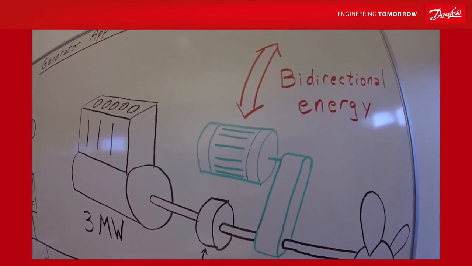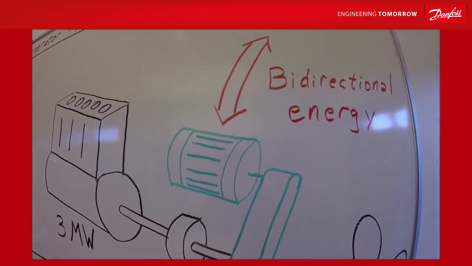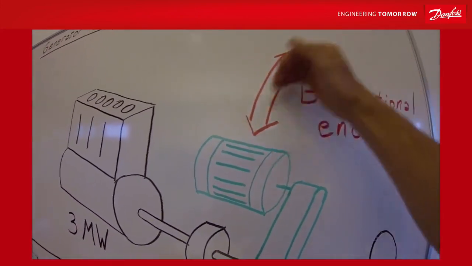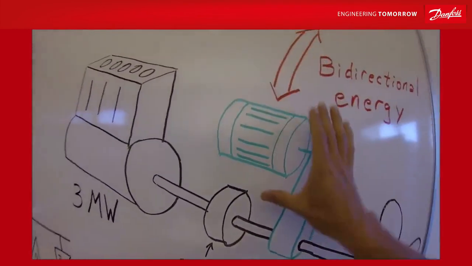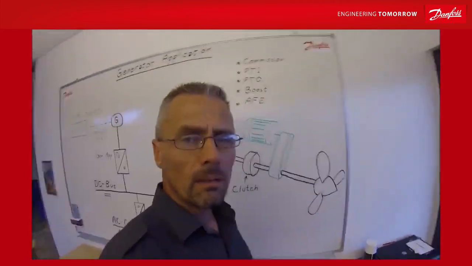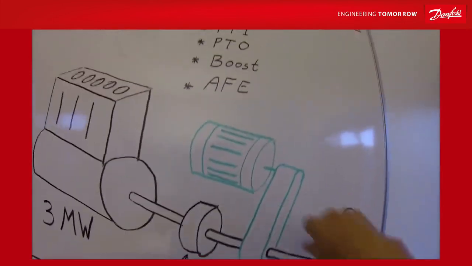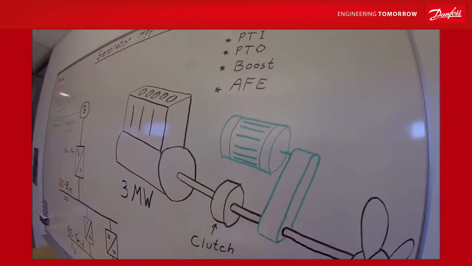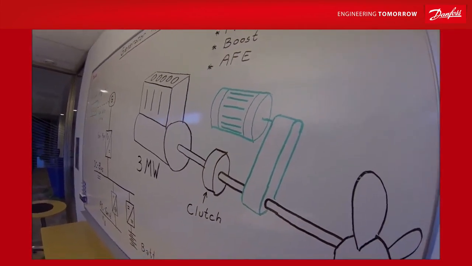That means you can extract energy from the generator, but you could also add mechanical power to the shaft by using the generator as a motor. The two main advantages with the generator application is that it's bidirectional. You can then use your generator as a motor, diesel electric motor.